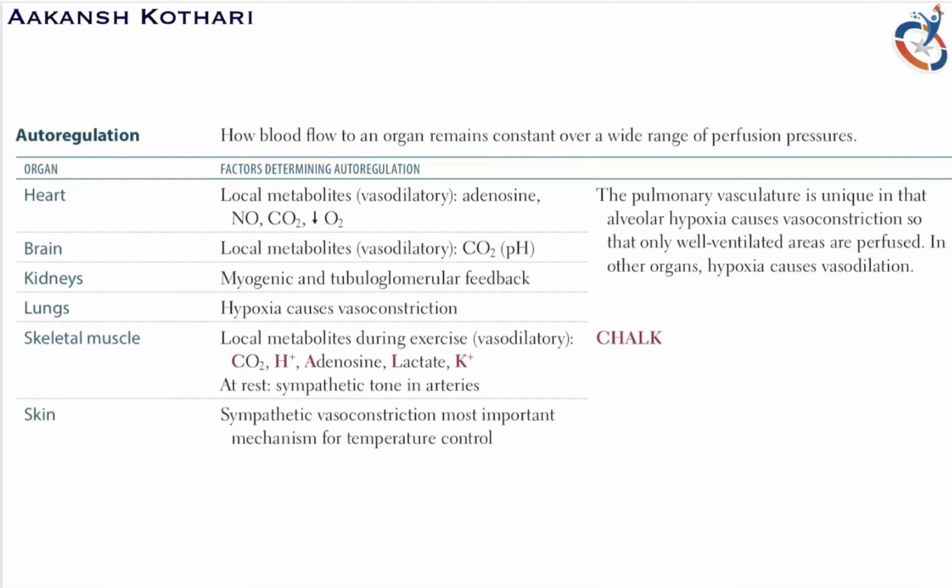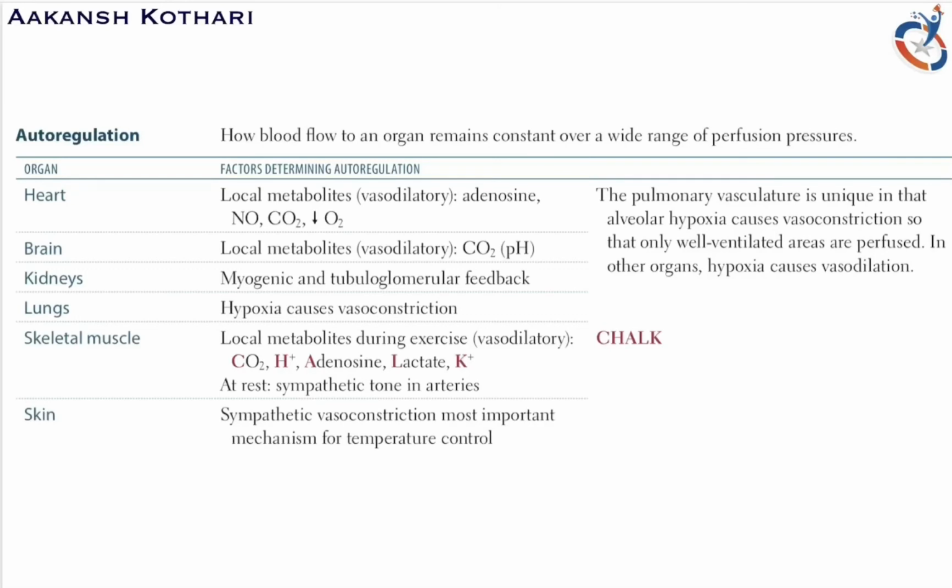So during exercise, it is regulated by these 5 mechanisms, whereas at rest, it is regulated by sympathetic tone. And the skin is majorly regulated by the vasoconstriction, which is the most important mechanism for its temperature control. Is it clear?